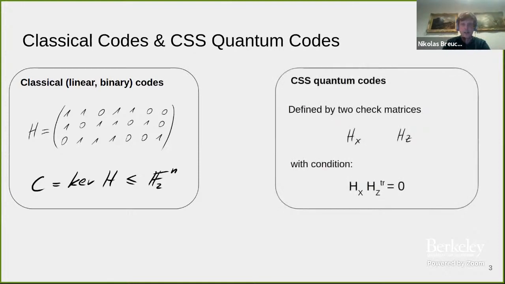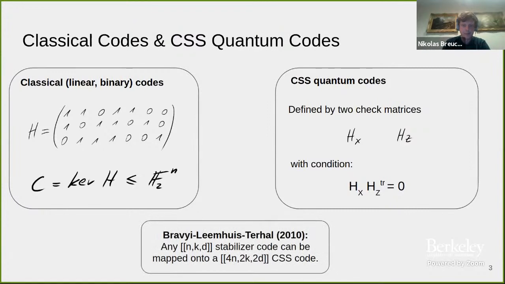And similarly, we can describe certain types of quantum codes, so-called CSS quantum codes, by 2 parity check matrices, HX and HZ, where HX performs measurements against phase flip errors, and HZ performs measurements against bit flip errors. And I mentioned earlier that, of course, our observables have to commute, and this translates into the fact that these matrices have to multiply to 0, modulo 2, of course.